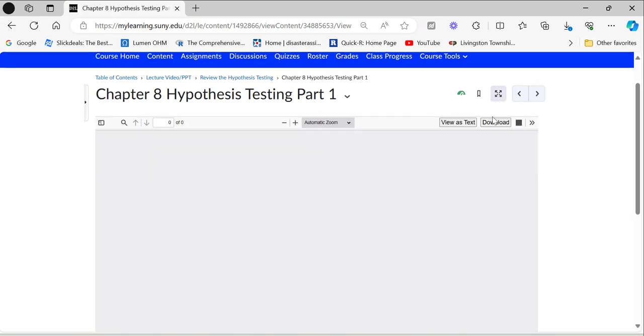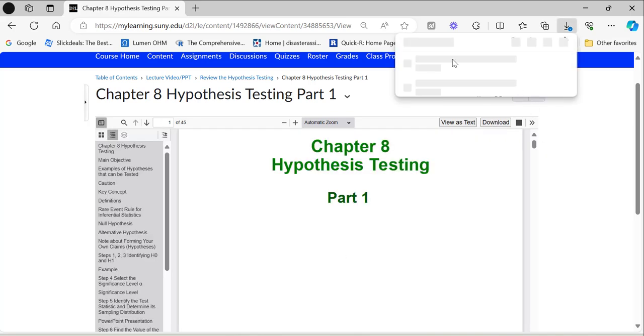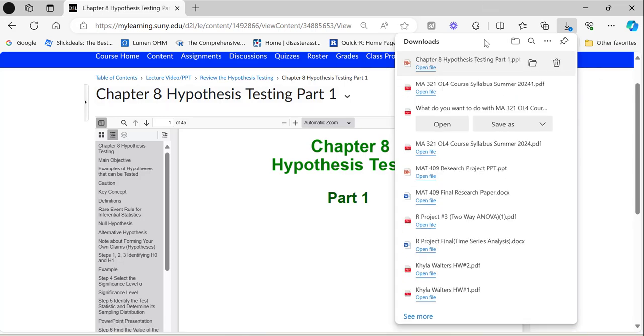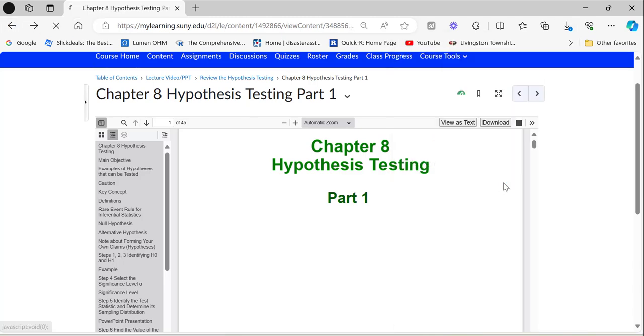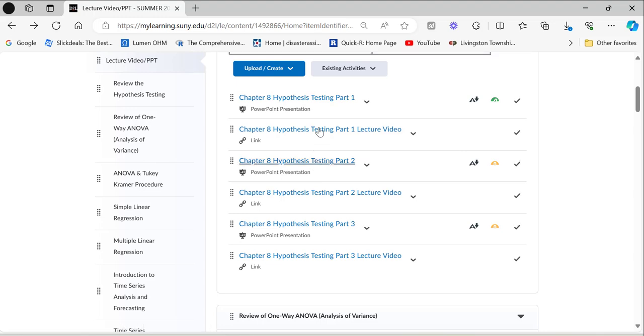You can download this, right? Read through that, and together with the lecture video, you can just open the file and then read through that first. And after you read through that, then you can use the lecture video beneath it to understand all the contents. Yeah.